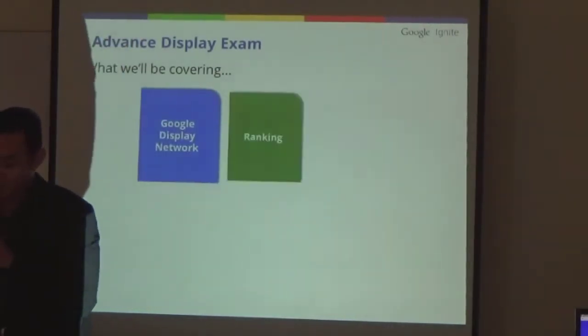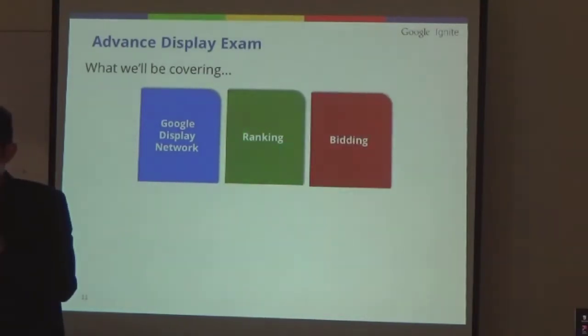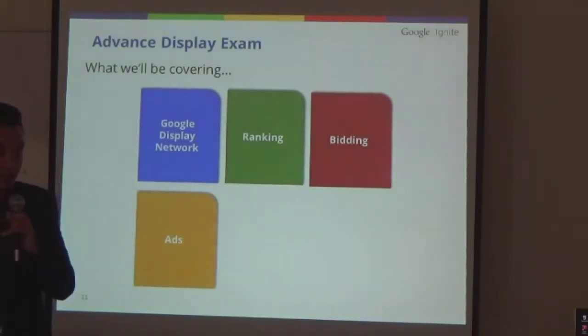So we're going to talk about the Google Display Network today, what Google Display Network is all about, followed by specific topics on GDN: the ranking on GDN, bidding types, bidding strategies, bidding types in the display network, and the type of ads.